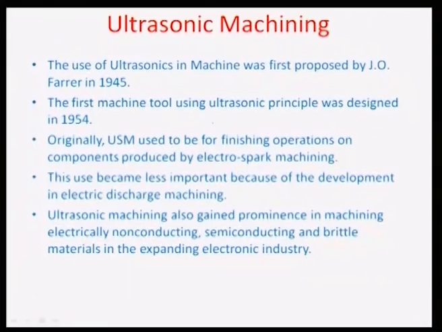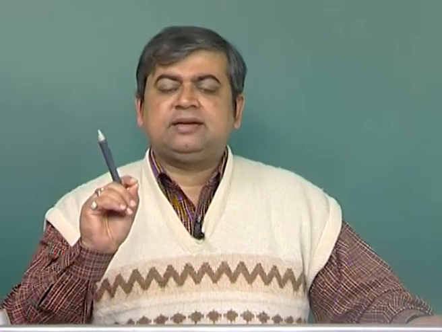So, the first machine tool, as I already mentioned, was developed in 1954, after J.O. Farrer first proposed that this can be done in machine tool technology. Originally USM was used for finishing operations on components produced by electrospark machining, because you could give short strides of very high ultrasonic frequencies of impact, thus creating an averaging effect.